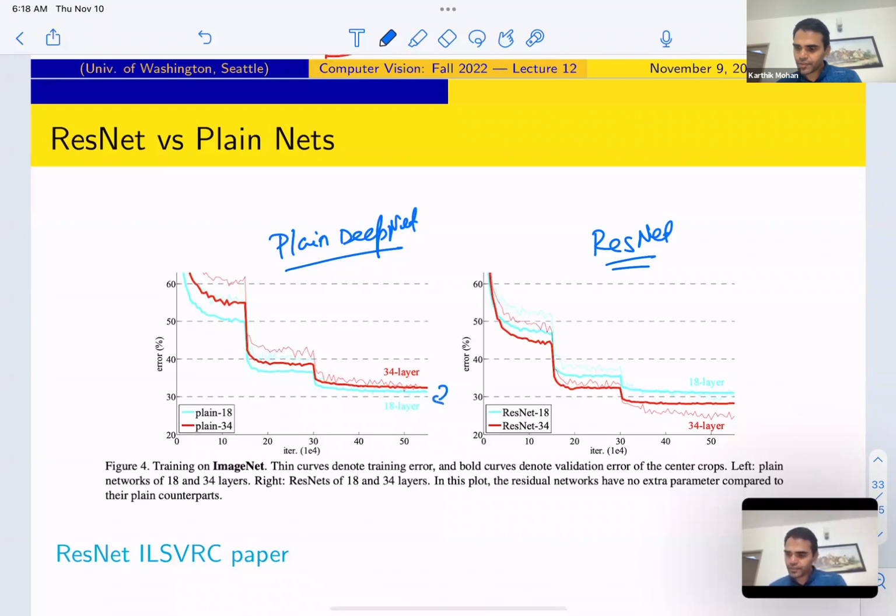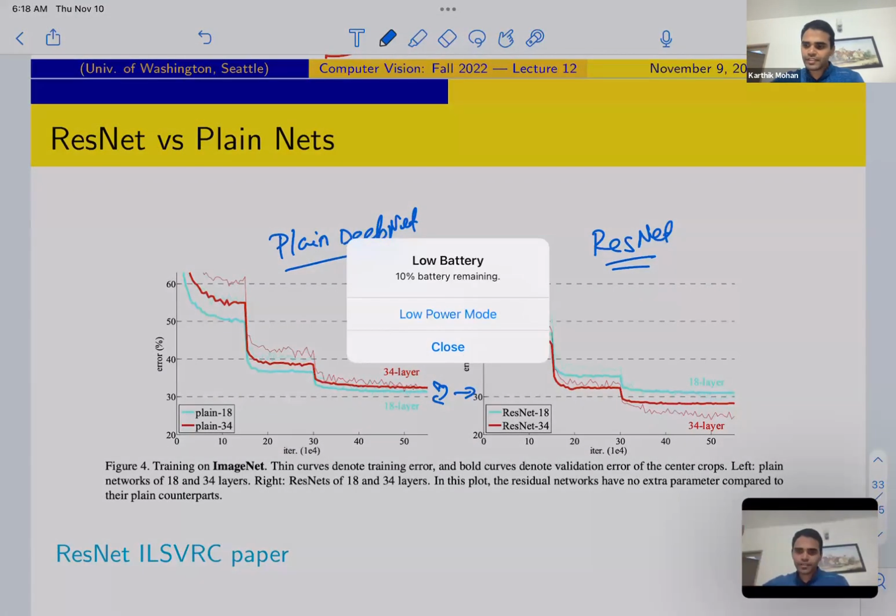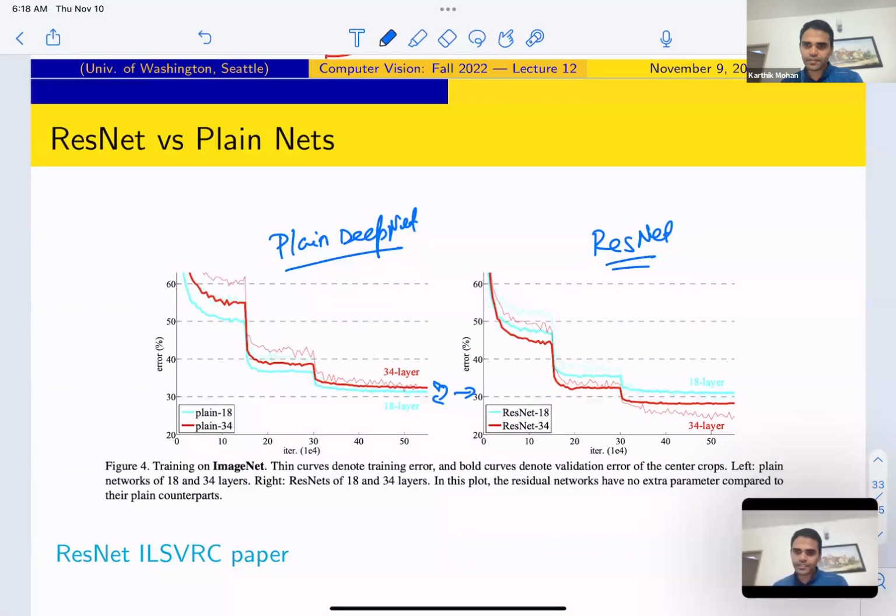So this gets flipped around in the ResNet. Now you see the thick red line is actually below the thick blue line. So this issue of degradation gets fixed between the curve on the left and the curve on the right. And you see this happening for both training and validation. So now we don't have overfitting, we don't have degradation. So ResNet is able to fix this issue, essentially.